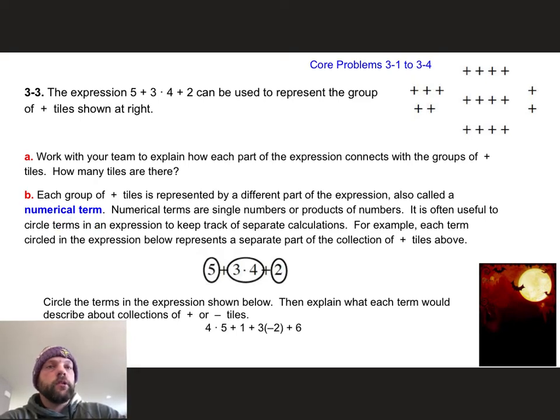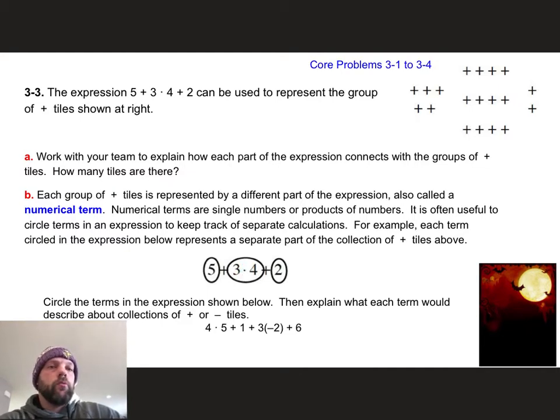That's my numerical term. If I'm looking at it on an expression, the textbook likes to use these numbers circled. I prefer to use a highlighter just because I feel like the circles sometimes become a little bit messy. So 5 is a numerical term. 3 times 4 is a numerical term. 2 is my numerical term. So that's where I have my 3 groups of 4 that is right there.